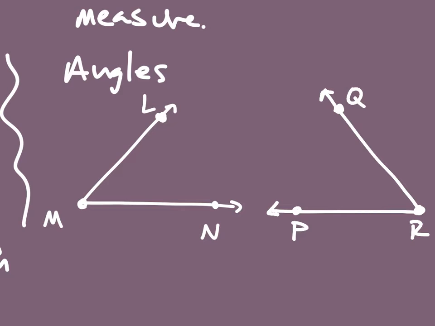We'll talk more about measuring angles, but this is an angle that measures 40 degrees, and over here, I'm going to call this an angle that also measures 40 degrees. So they have the same measure.